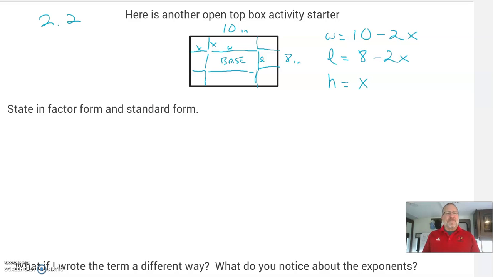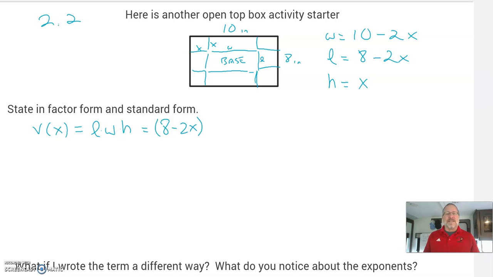So let's build a volume function V of x. Our volume function comes from length times width times height, LWH. Substituting in, our length is 8 minus 2x.